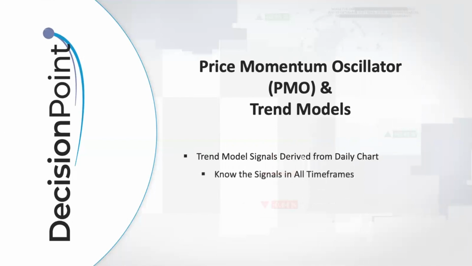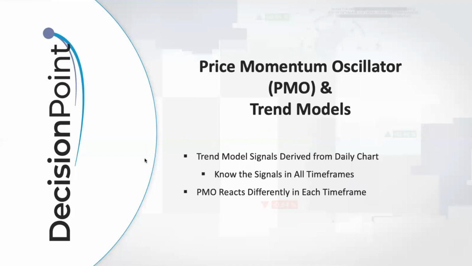So you want to know those signals in all the time frames, especially if you're trading in a different time frame, right? The price momentum oscillator actually reacts differently in each time frame, meaning it looks different on a monthly chart versus a weekly chart versus a daily chart versus a minute chart. So it's going to be telling you the momentum in that time frame.